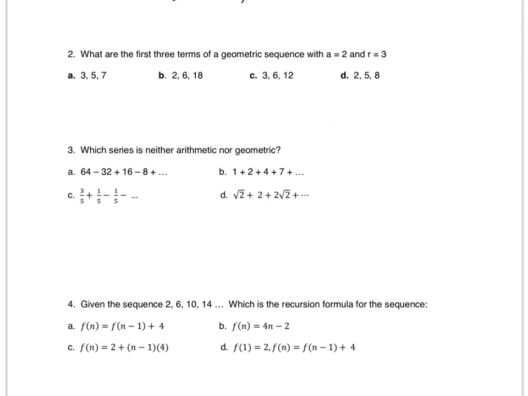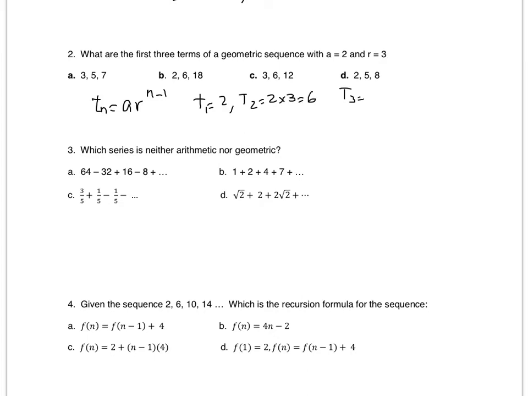The next question says, what are the first three terms of a geometric sequence with the first term a equal to 2 and the ratio r equal to 3? By definition, T sub n is a times r exponent n minus 1. So T1 is 2, and T2 is 2 times the ratio, which is 3, so it's 6.